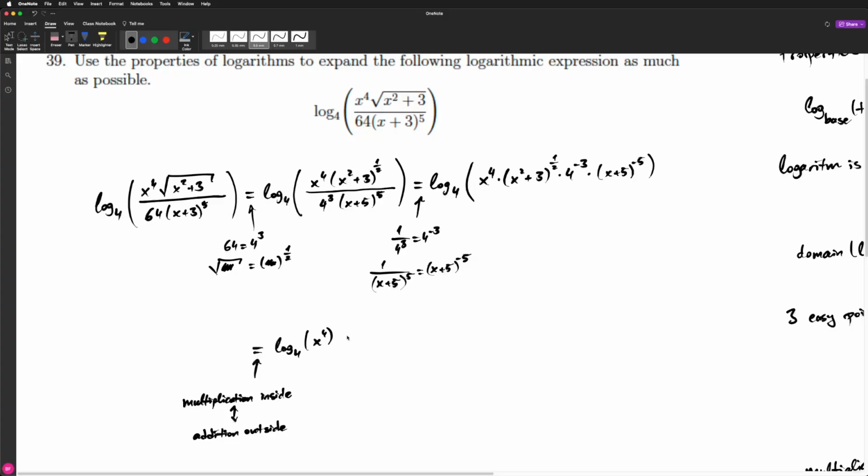And every time I see a multiplication inside, I break the logarithm. And you have to be a little careful. So those are the factors, what's between the multiplication signs, right?